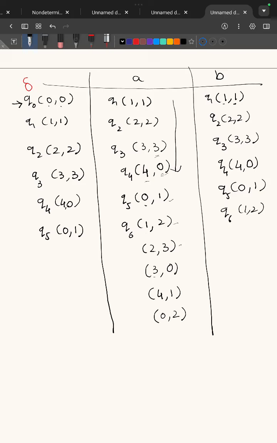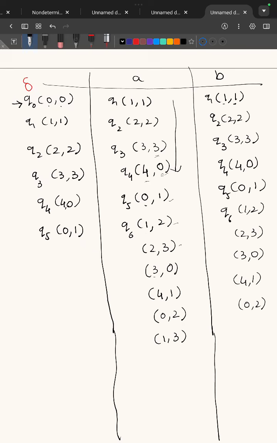So similarly you write on the other side also. It is the same thing. There is no big change between the A's and B's. So you write the same thing. Now again it will become 1 comma 3. So I will just write Q7, Q8, Q9, Q10.